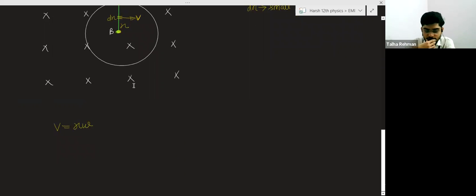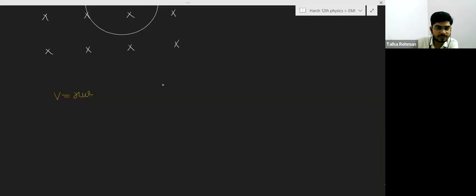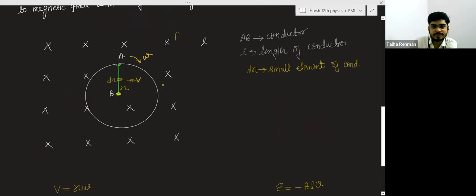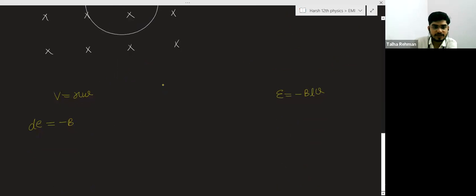Now in this small element dx, there will be an induced EMF. Suppose that induced EMF is dE. The formula of induced EMF is minus B into length into velocity. B is the magnetic field here, in the inward direction.